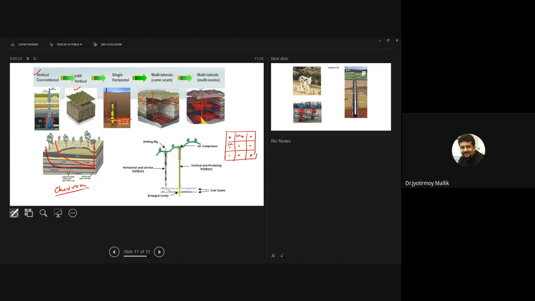This particular vertical well is used for dewatering, and these wells are used for gas production. So this is a very special type of well used for coal bed methane.